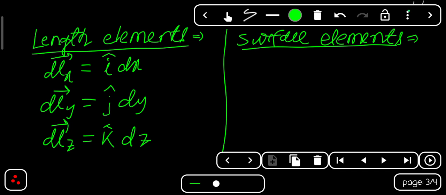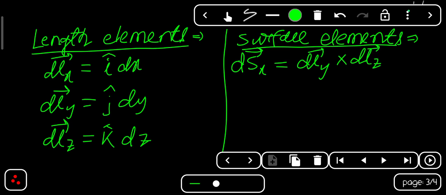Now let's talk about the surface elements. The surface element along the x-axis, dsx, will be equal to the cross product of dly vector and dlz vector. Mind it, this is very, very important.